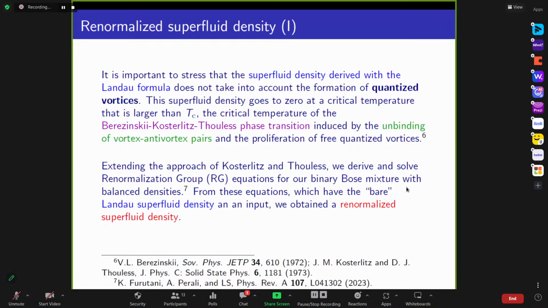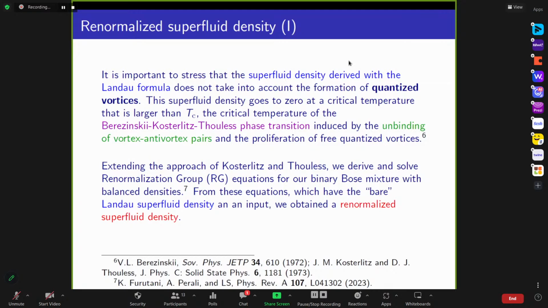As we know, the superfluid density calculated with the Landau formula goes to 0 at a critical temperature which is unfortunately larger than the critical temperature of the Berezinskii-Kosterlitz-Thouless phase transition, which takes instead into account the formation of vortex-antivortex pairs and the unbinding of these pairs.